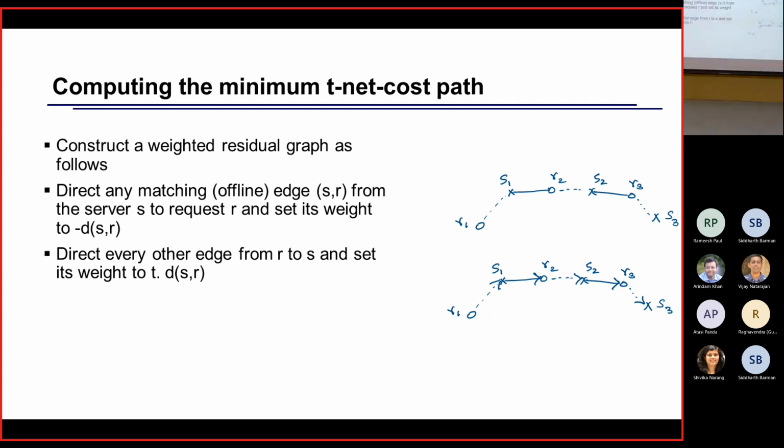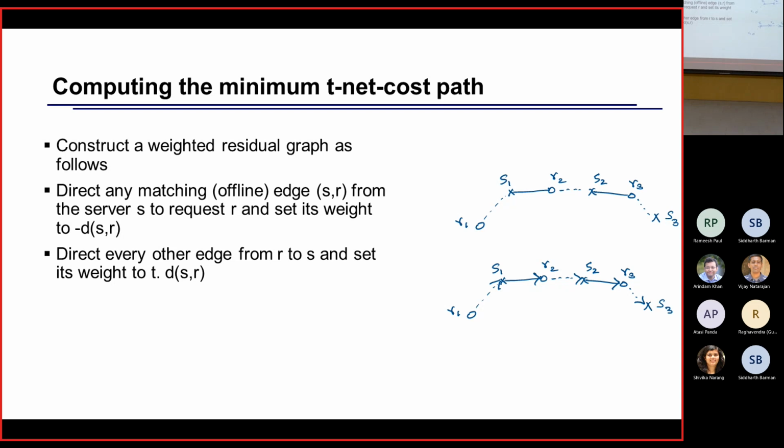The idea is you direct all matching edges for the offline matching from server to request, and set its weight to be minus of d(s,r). And for all other edges which are not in the offline matching, you direct them from the request to the server, and give them a weight of T times the original cost.